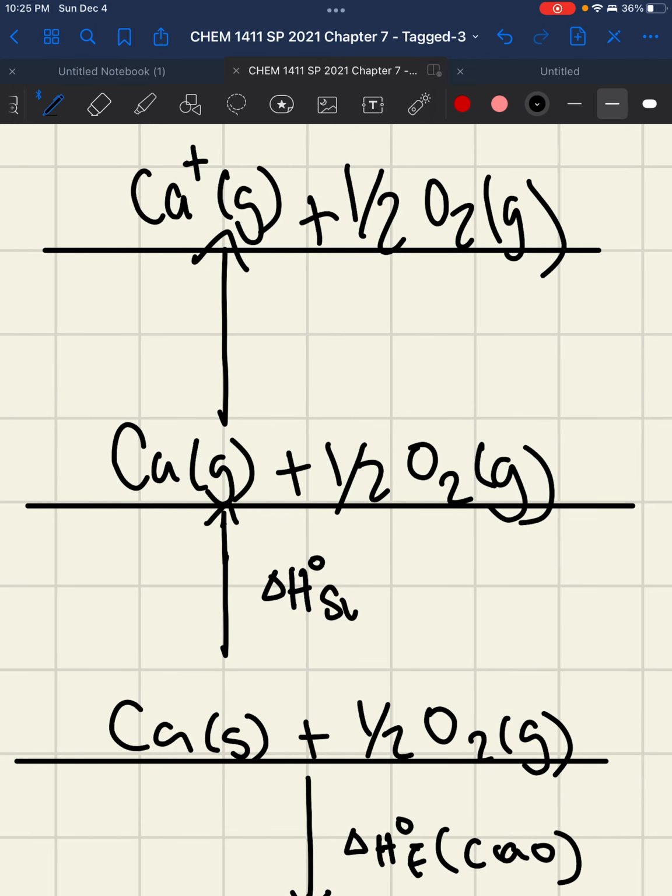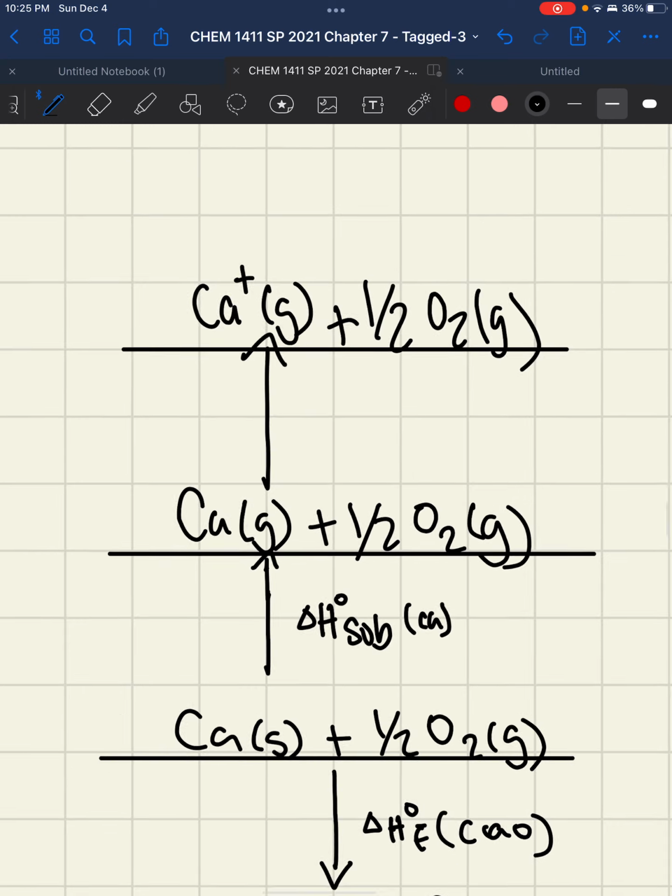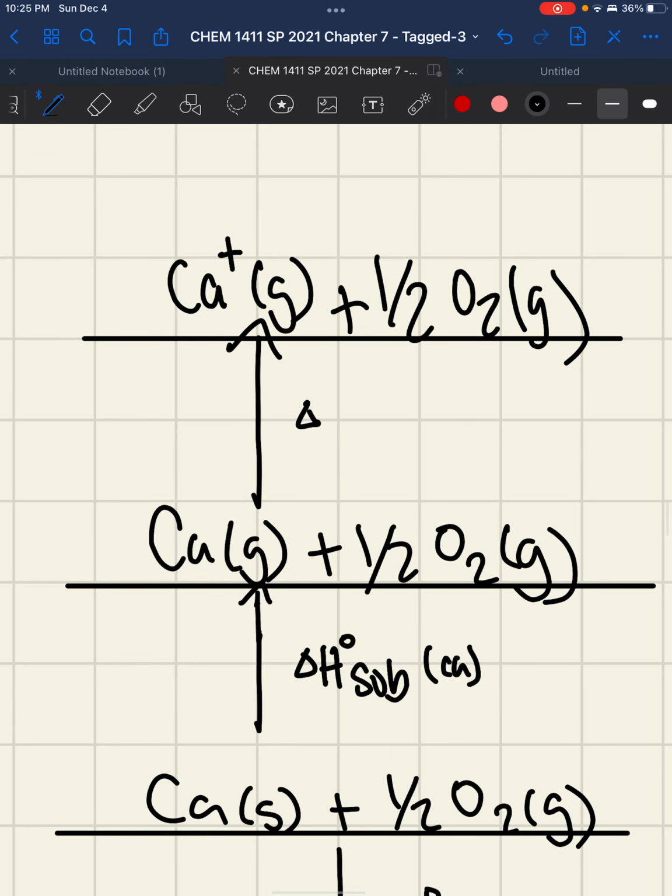Sublimation. And this one is the ionization energy.